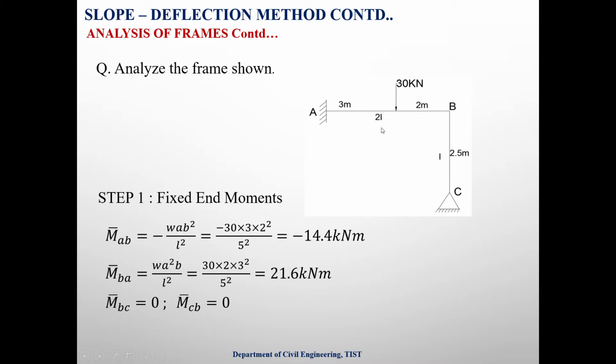For AB, it is subjected to an eccentric point load, that means M bar AB is minus W a b square by L square, and M bar BA is W a square b by L square. Since there is no load on BC, the fixed end moments M bar BC and M bar CB are 0.